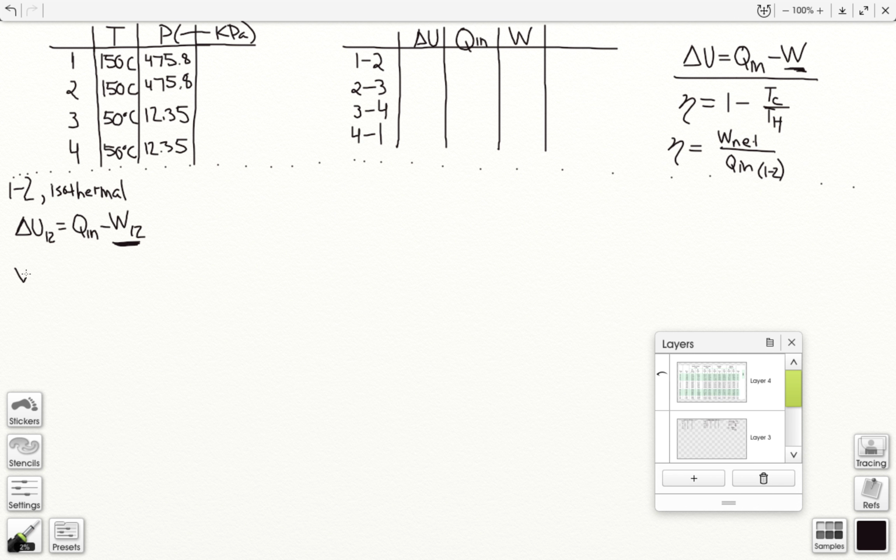So here, for work from 1 to 2, this process occurs at a constant pressure. So we have pressure times specific volume at state 2 minus specific volume at state 1 times the mass.